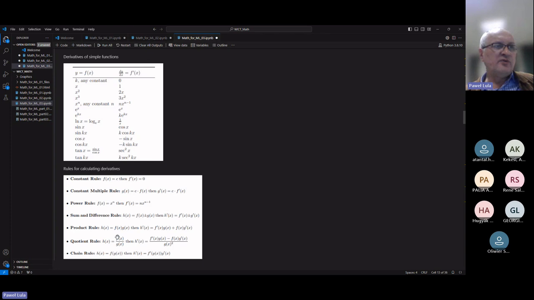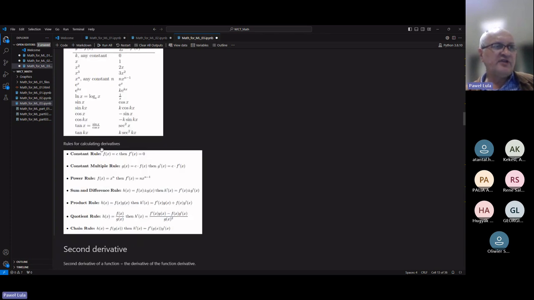For example, these 3 rules are the same as I mentioned here, but here it is a sum or difference of functions, where the derivative of this sum or difference is equal to the sum or difference of derivatives.